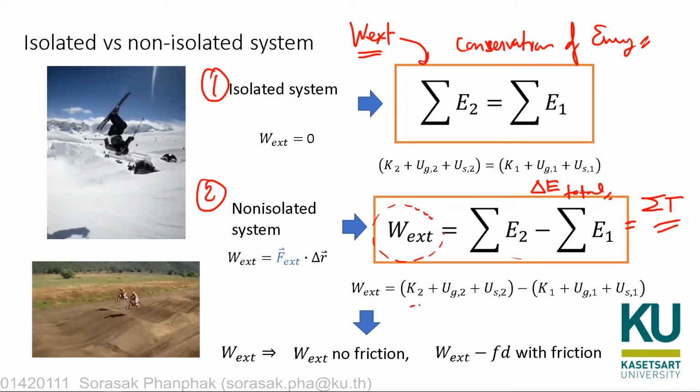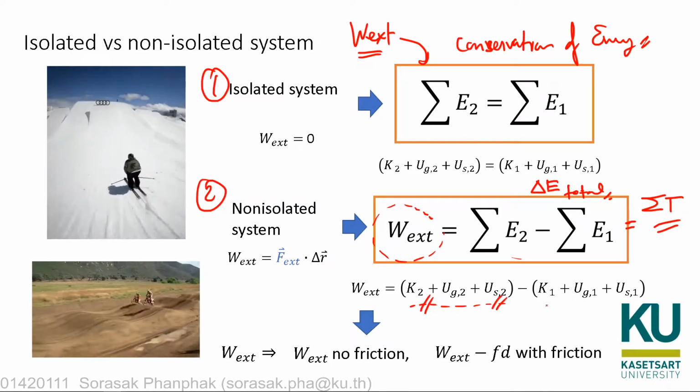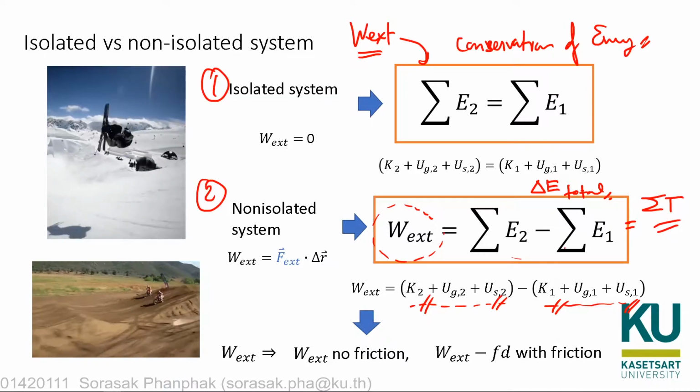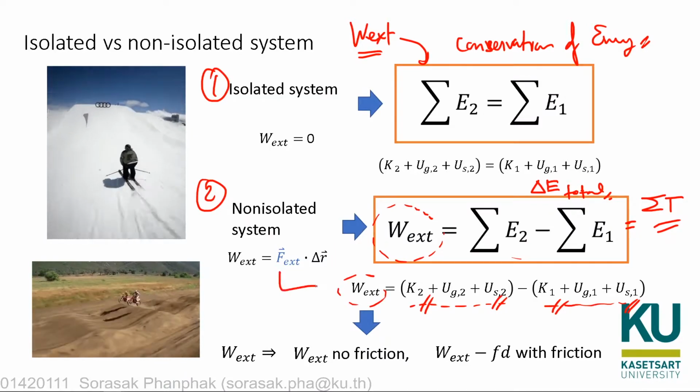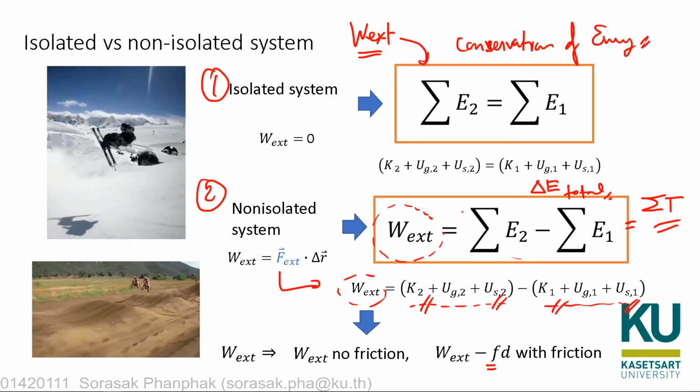And as I said, you look at all possible energy involved in these kinds of phenomena. This may be due to an external force or due to some friction. It depends on the scenario.